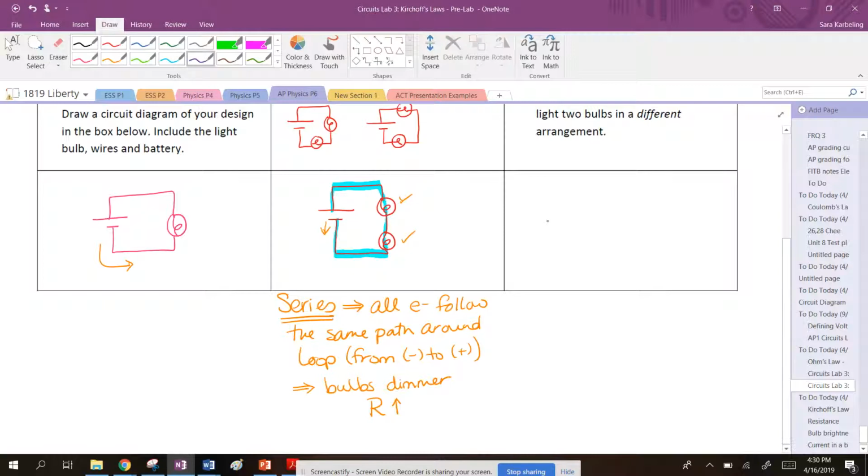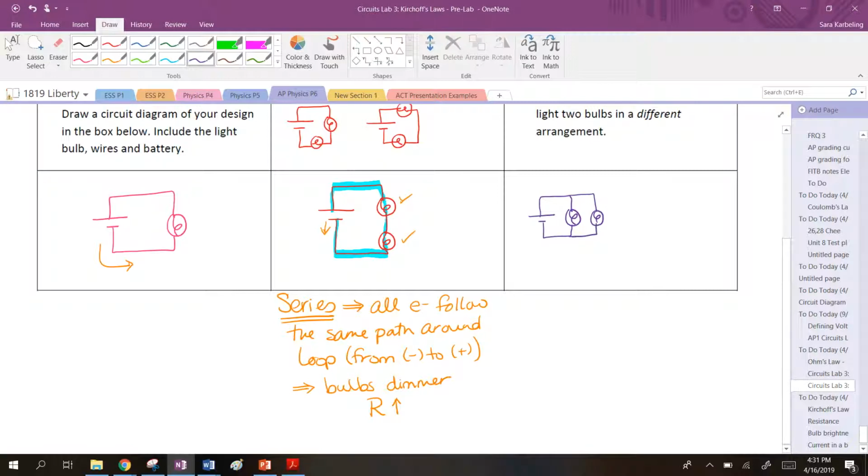In the other one, I hope that you had a circuit that looked something like this. In this circuit, the electrons have options. They can go around one loop or another loop. Does not matter. Now, you may not have drawn your circuit just like this, but hopefully it was something similar.